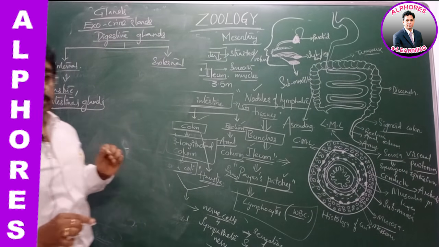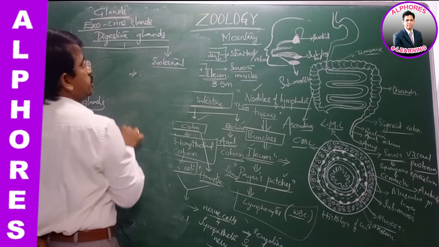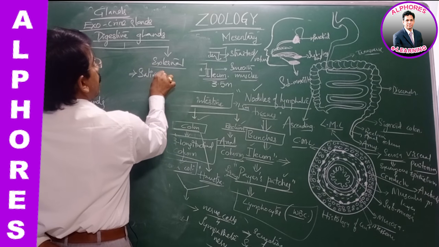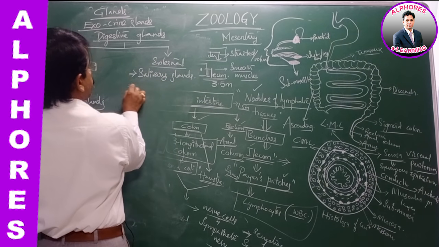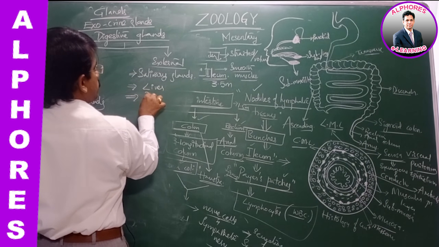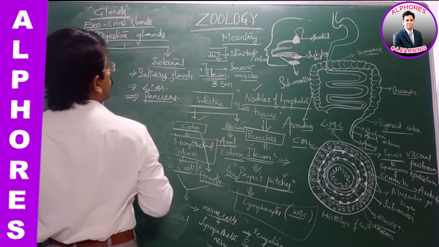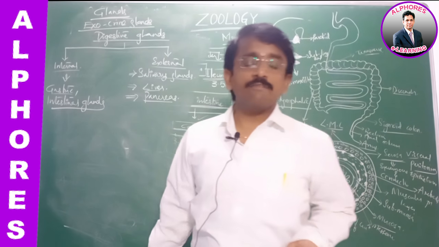Whereas the external glands are the salivary glands, the liver and the pancreas, the ones present outside of the gut.